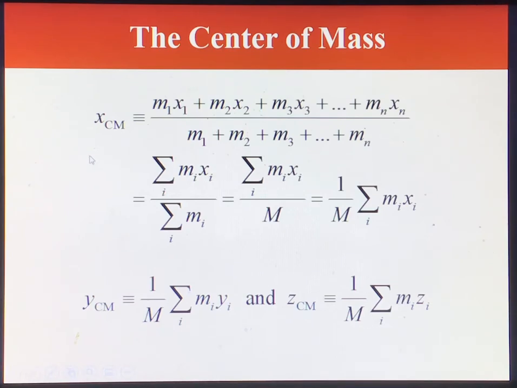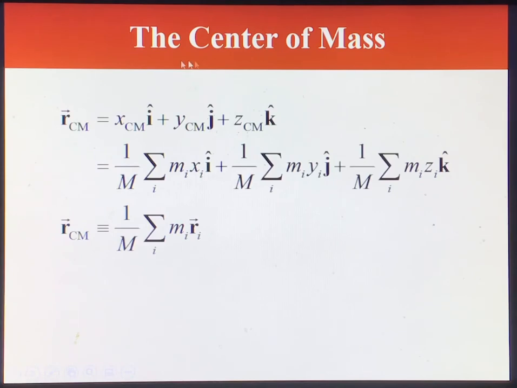So again, if the masses are arranged in such a way that some are placed on the y-axis and on the z-axis, then the center of mass is going to be a vector quantity that will have three components. So the x component is given by this equation, the y component is given by this equation, and the z component is given by this equation right here.